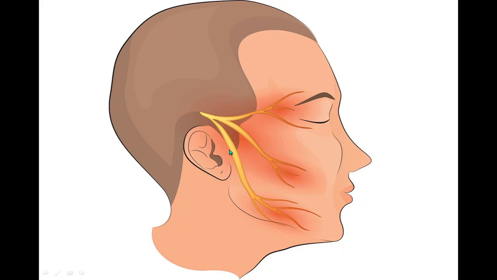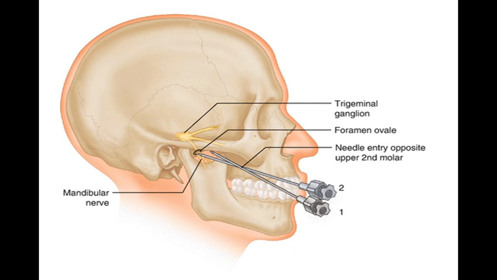So they will go for a mandibular nerve block, or the maxillary nerve block, or the whole trigeminal nerve block itself, to prevent the extreme pain experienced by the patient. So we call it a trigeminal nerve block, or mandibular nerve block, or maxillary nerve block. This is where they are inserting a needle to the individual nerves.